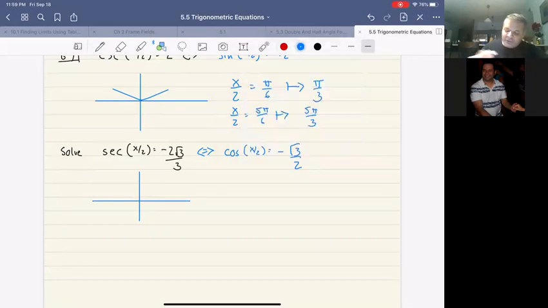I could, of course, just go to the unit circle, but I'm too lazy, so I'm just going to do it like this. That's going to be in the second and third quadrants, and cosine is bigger than sine, so x is bigger than y. So I have these angles: 5 pi over 6 and 7 pi over 6.